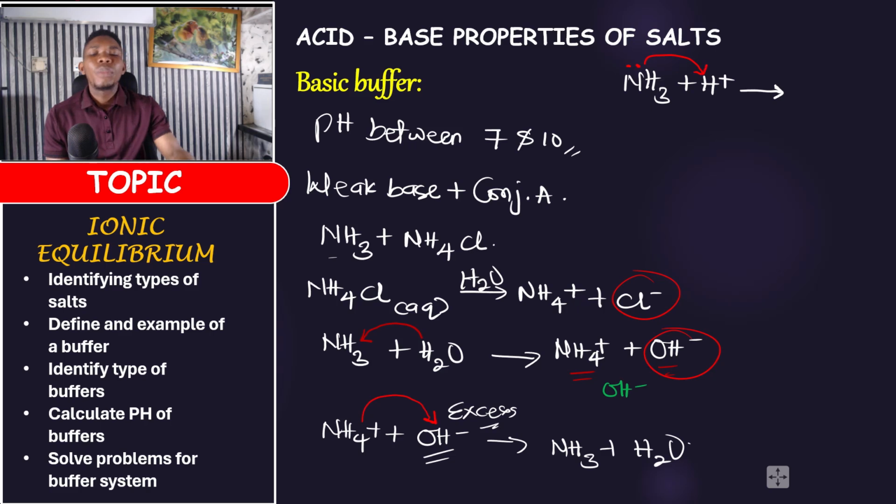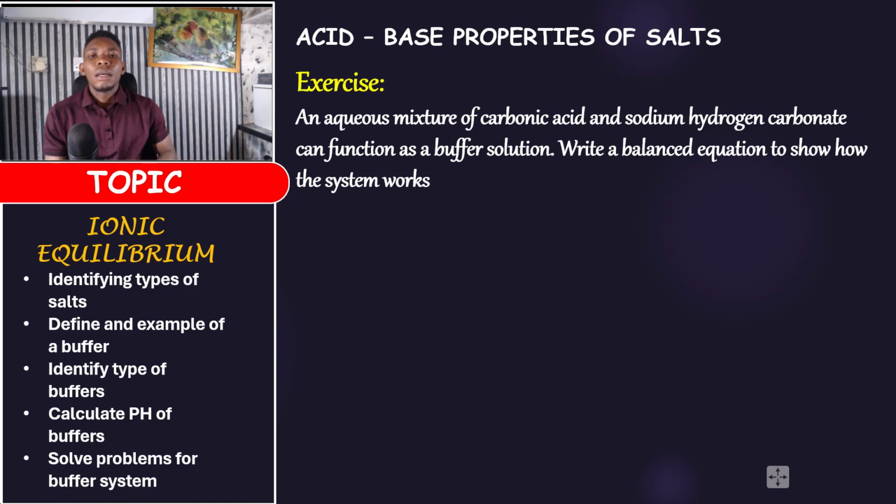It will come and pick this H plus up via a dative bond, which you learned in year 1, or coordinate covalent bond, to form what? NH4 positive. Are you getting it now? So this is going to form NH4 positive. And this is how you actually neutralize certain substances that are acidic in chemistry.